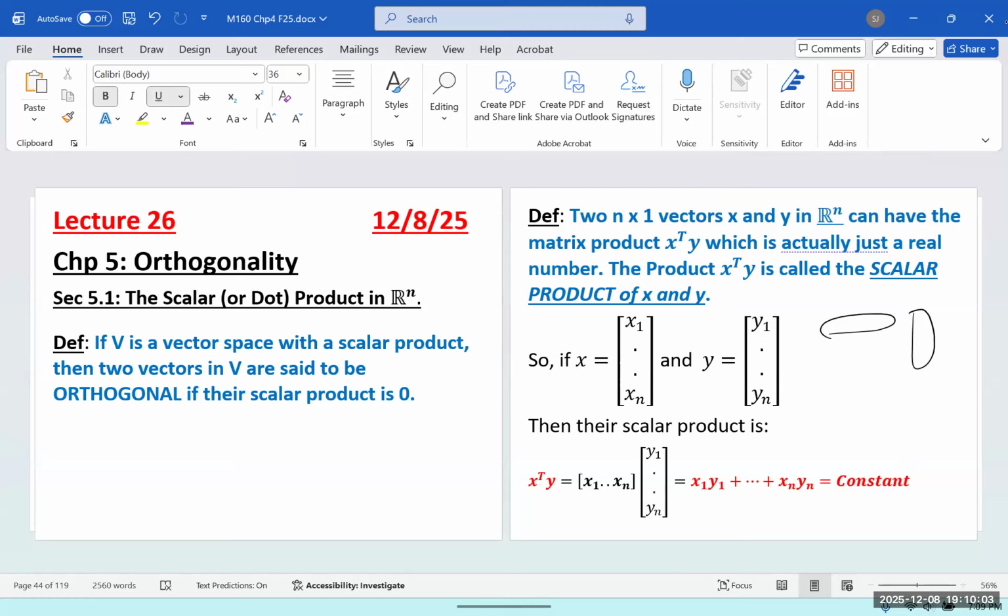So if you have an x vector and y vector, the dot product, we represent that by x transpose y, is, we multiply them element wise. So the first element in x and y, plus the product of the second element in x and y, plus all the elements, you add them, and then you get the result.